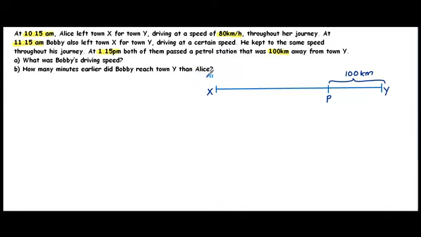Alice left town X at 10:15 a.m. and traveled at a speed of 80 kilometers per hour.